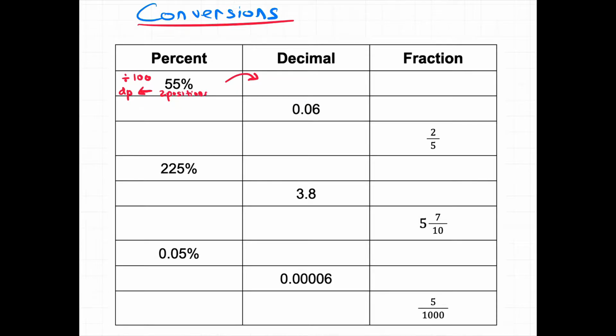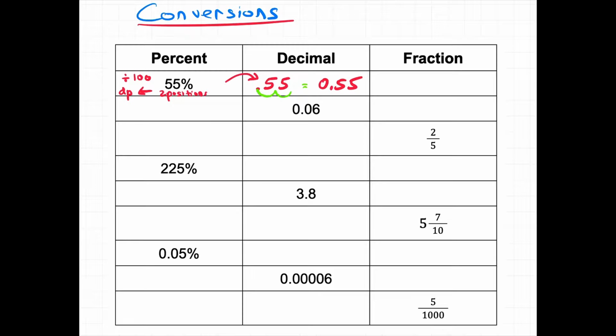So to go from percentage to decimal, we are going to divide by 100, and that is just taking the decimal and moving it 2 places to the left. So if we were starting with the number 55, the decimal is right here. So we're going to take that and jump it 2 positions. So essentially this decimal is going to go boom, boom, and end up right there. So what we end up with is 0.55.